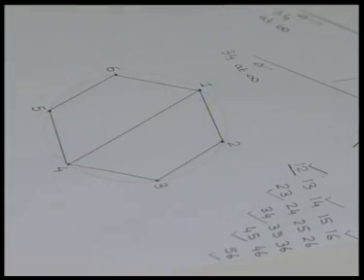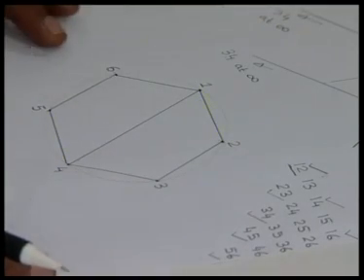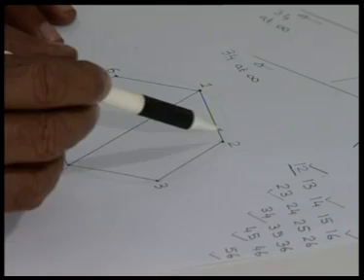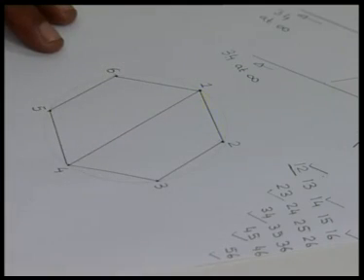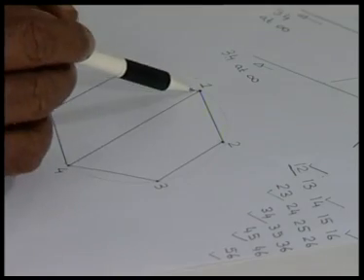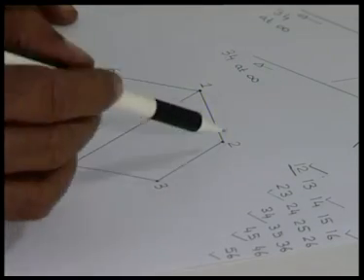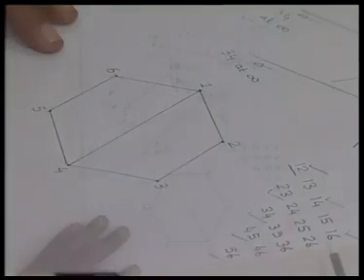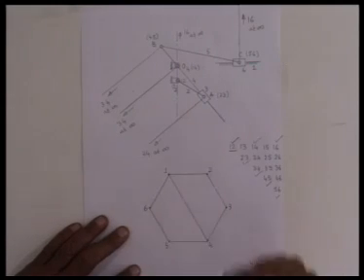Now, to apply Aronhold-Kennedy theorem systematically, we should consider a quadrilateral in this figure. For example, I have already completed a quadrilateral, namely 1, 2, 3, 4. All the 4 sides are known. Then the diagonals of this quadrilateral can be decided at the second stage.